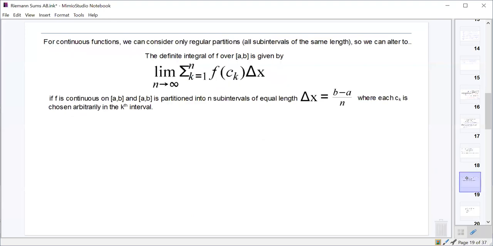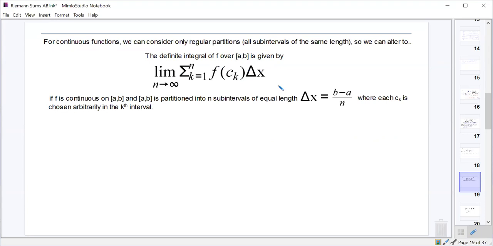So we're going to turn this into a limit as n approaches infinity of the sum from k equals 1 to n of the heights times the widths. And the widths now don't have to have this sub k on them because we made all of the subintervals equal length.